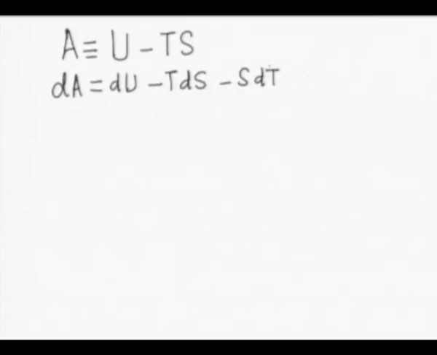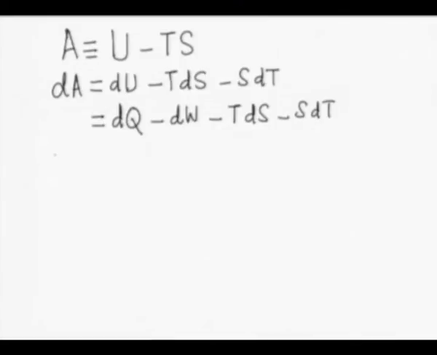A is defined as U minus Ts. So you take a differential, dA equals dU minus TdS minus SdT. Now dU is dq minus dw, so write this as dq minus dw minus TdS minus SdT.